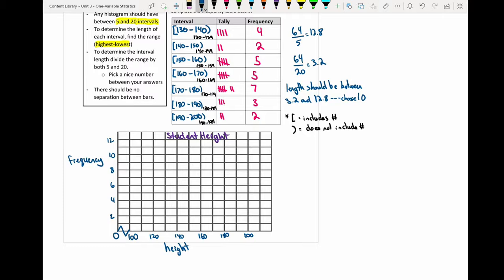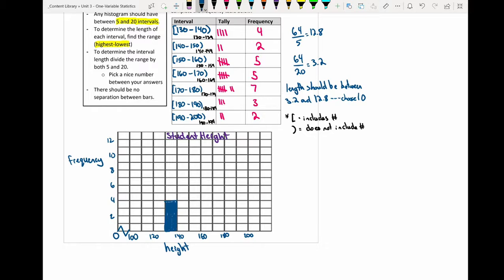Now, our first interval is from 130 to 140. So that is from here to here, and we have 4. So we're going to put a bar that goes from 130 to 140.